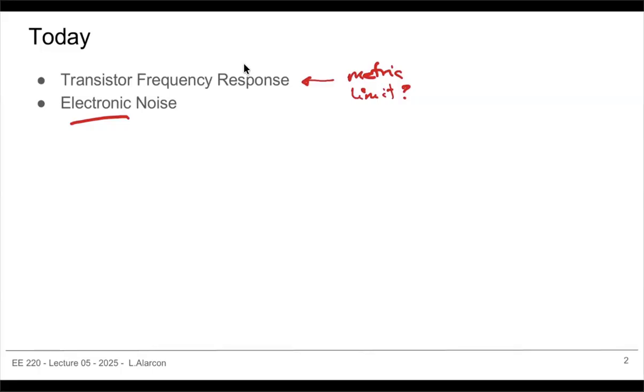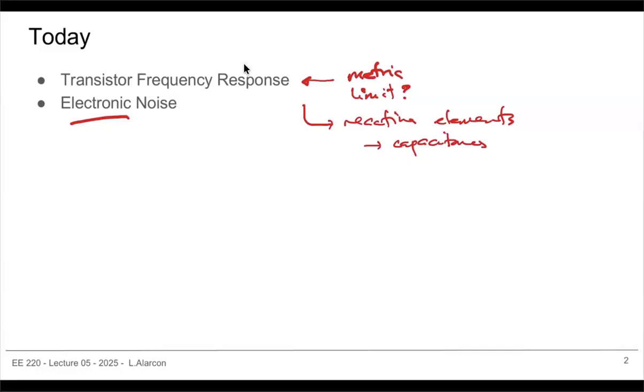Okay, so the first thing is really about this frequency response, but ultimately we know that frequency response is really going to be determined by your reactive elements. And obviously, in our transistors, it's mostly capacitances. If we had inductors, that would also limit the frequency response.